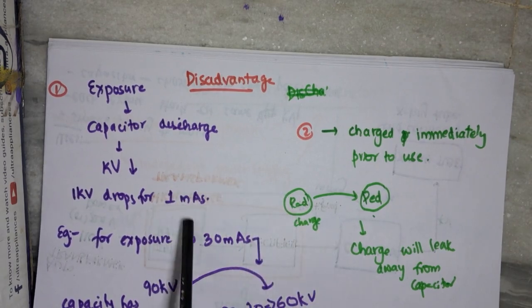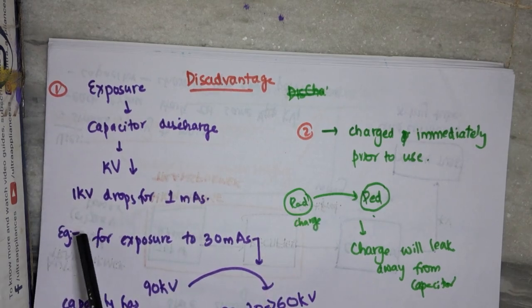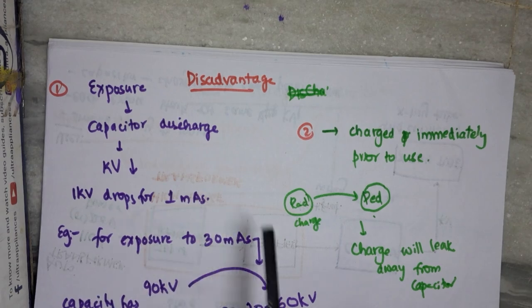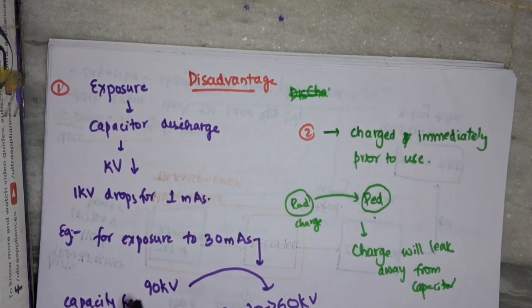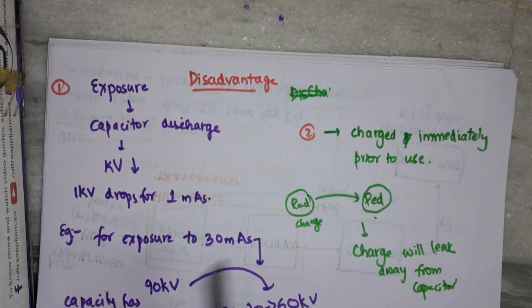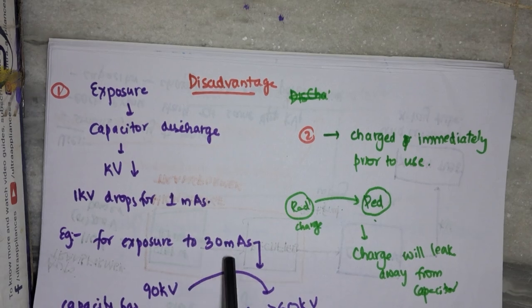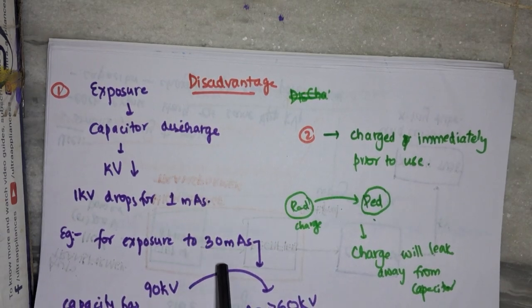So when you supply 1 milliampere second to the X-ray tube, there will be a 1 kilovolt drop in the voltage of the capacitor. So if you have to expose 30 milliampere seconds and the capacitor has a charge of 90 kilovolts, 1 kilovolt will be decreased for 1 milliampere second, so 30 kilovolts will be decreased for 30 milliampere seconds.